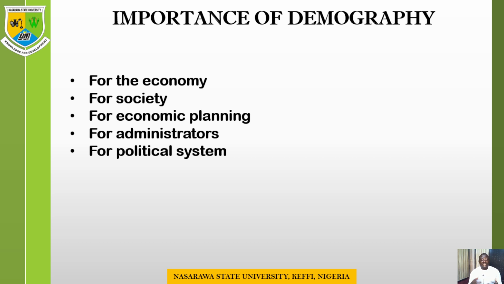It also has economic planning. For you to have a good economic plan, the problem we have in this country is that we don't have a database, and databases are critical for planning and for the development of a nation. For a better economic planning, there must be data.